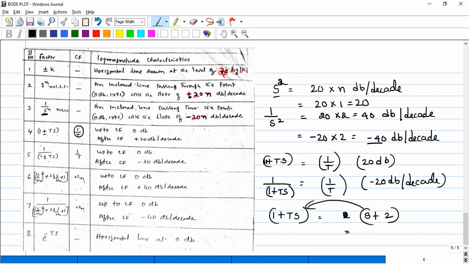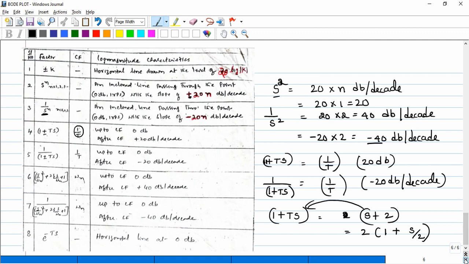How? By taking 2 as common. If I take 2 as common, I will have 1 plus s by 2. What is the corner frequency then? Corner frequency will be 1 by t, and if t is 1 by 2, the corner frequency will be 2.